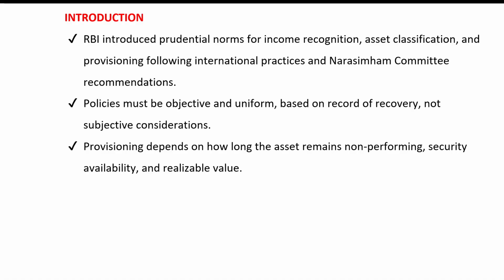Lending is the main business of banks, but it comes with a big challenge. Not all loans are repaid on time. And to make sure banks present their accounts fairly and maintain financial discipline, Reserve Bank of India introduced prudential norms for income recognition and asset classification. Now, these norms are in line with global practices and were recommended by the Narasimham Committee.